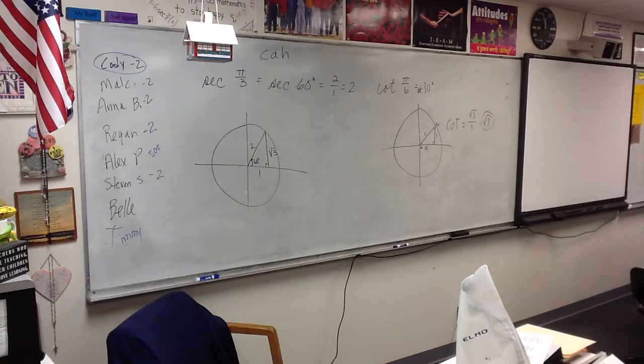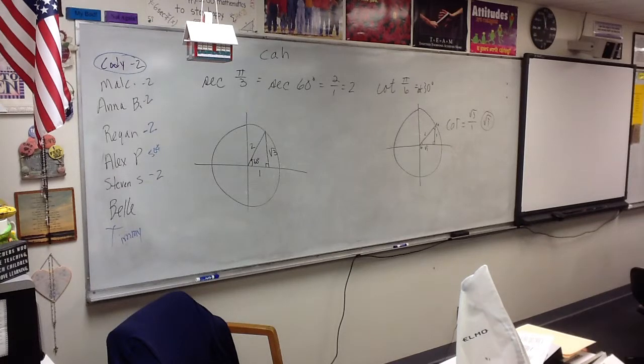So if I'm going to do problem A, I need to go to mode and make sure degrees is highlighted. So I'm doing that right now because I was in radians, so I've got degrees highlighted. Did everybody do that? Okay. Now, I paid $100 for this dumb calculator, and there is no secant button on it.